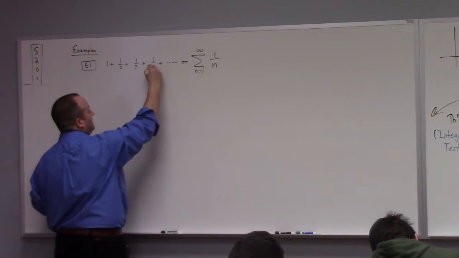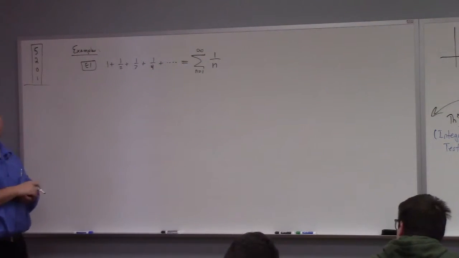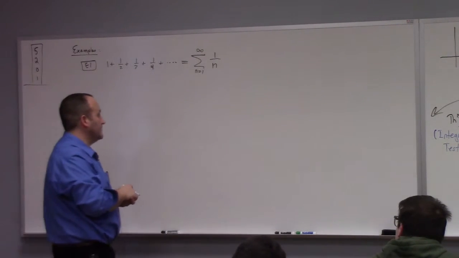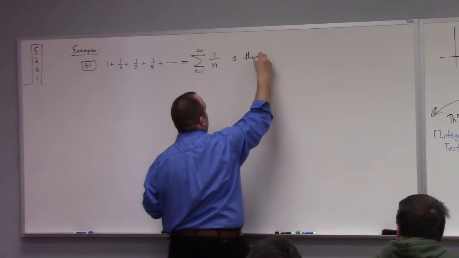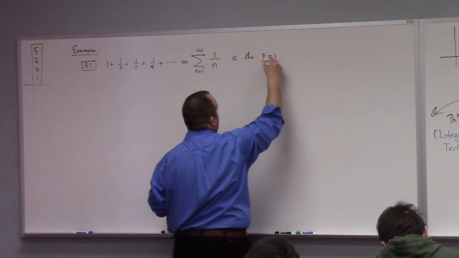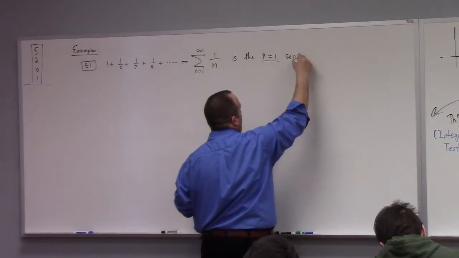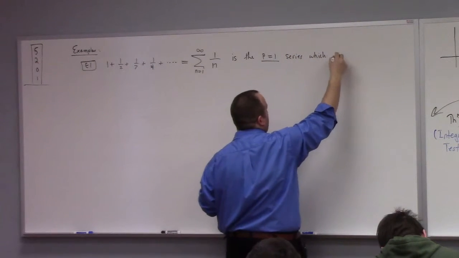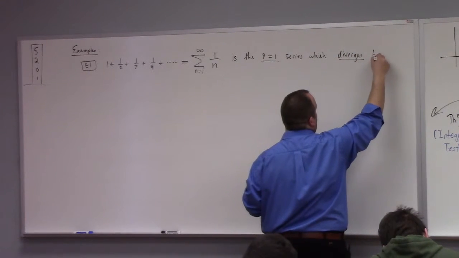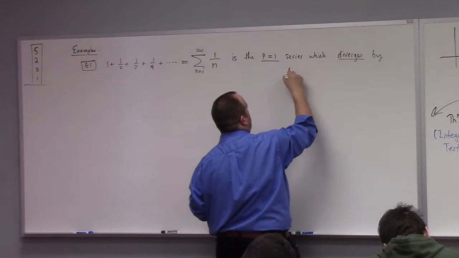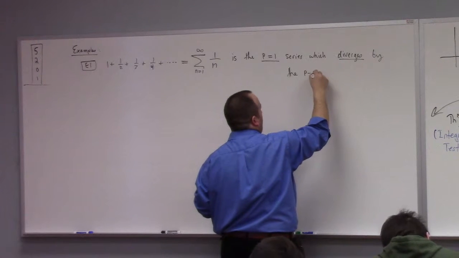Converge or diverge? Yeah, this is the p equals 1 series, which diverges by the p series result.